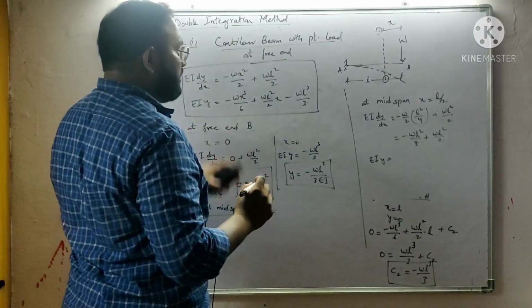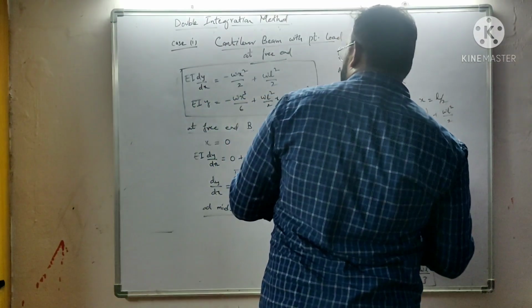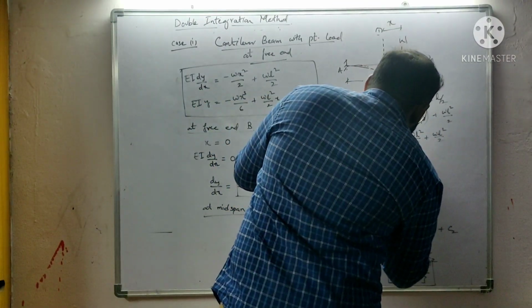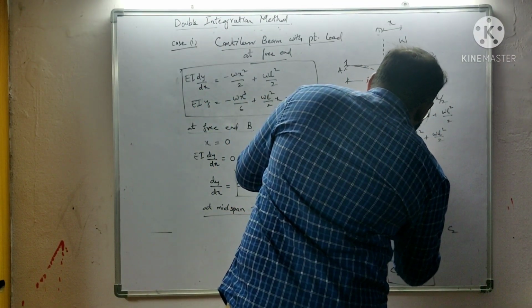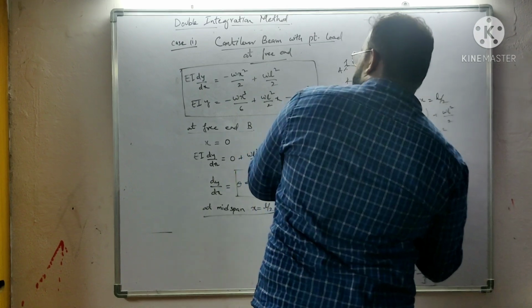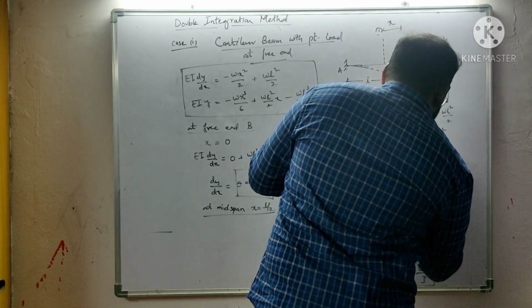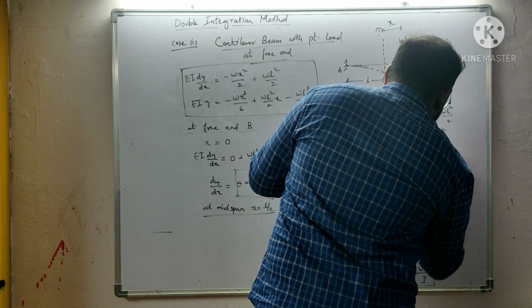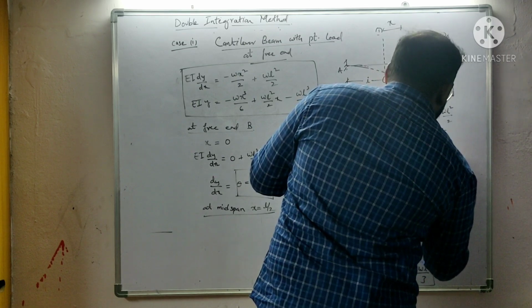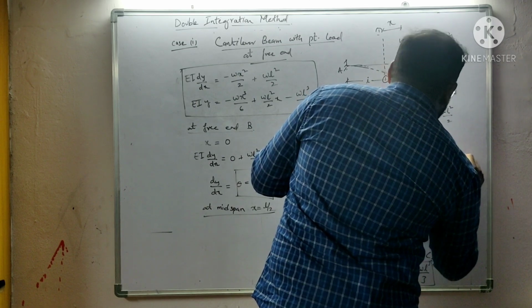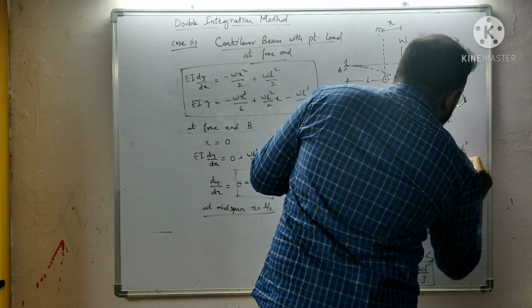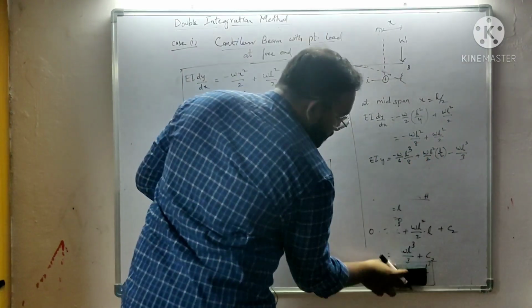EIy is equal to minus W by 6 into L cube by 8, plus WL square by 2 into L by 2, minus WL cube by 3.